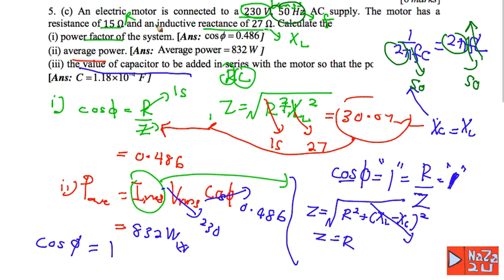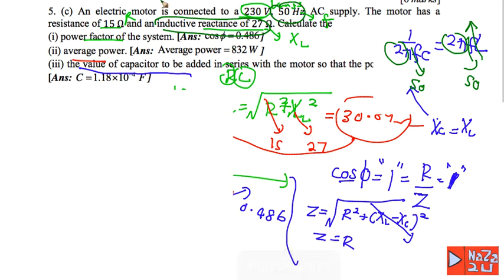The question gives you the value of the inductive reactance, XL equal to 27, so XC is equal to 1 over 2 pi FC.